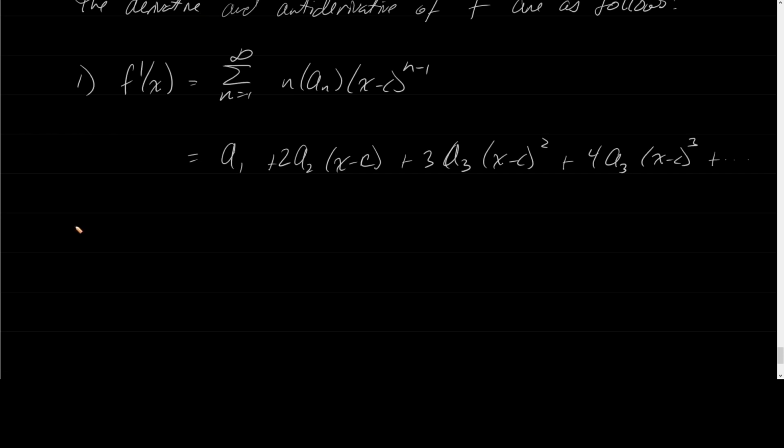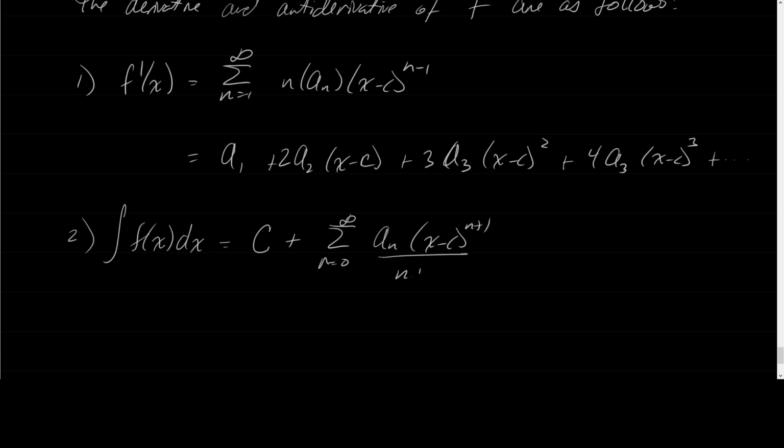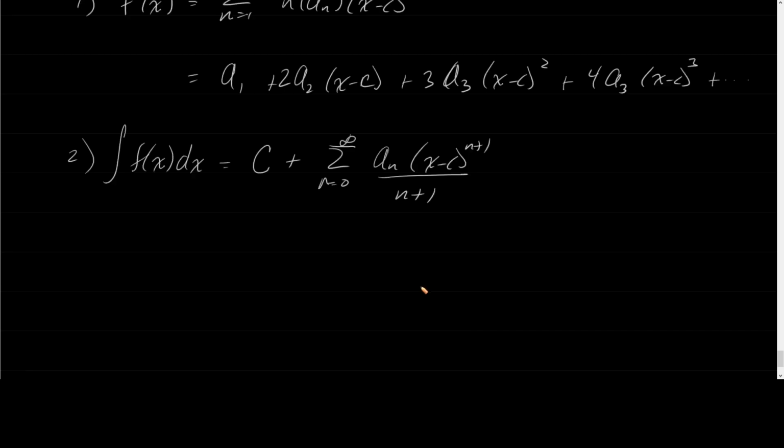The antiderivative. So the antiderivative of f of x dx would be c plus the series from n equals 0 to infinity of a sub n times x minus c to the n plus 1, all of this over n plus 1, right? And in here, what are we saying?